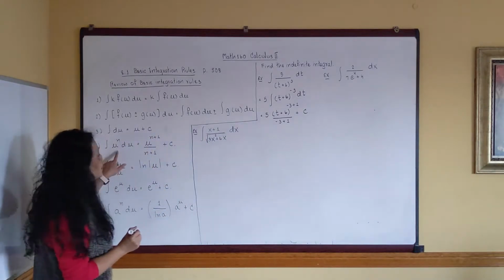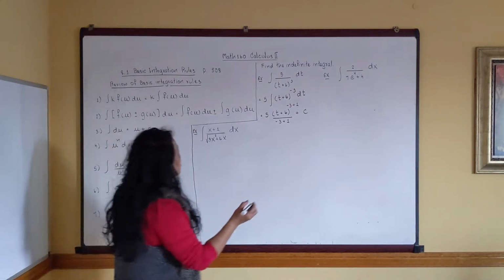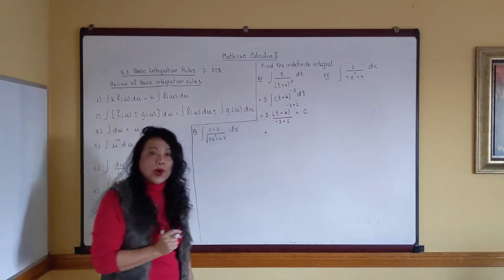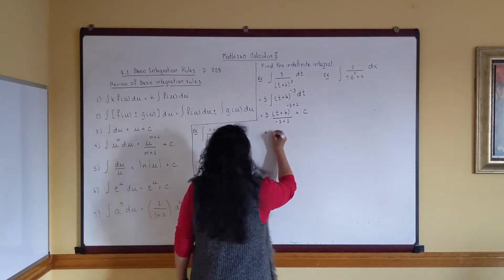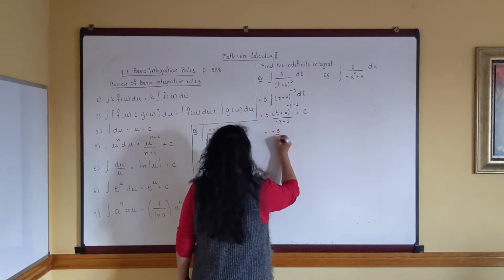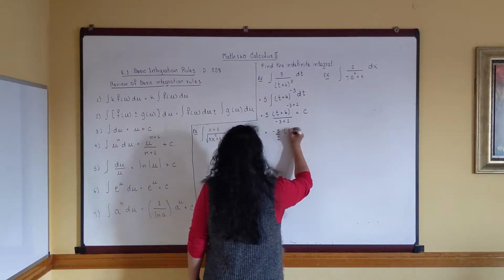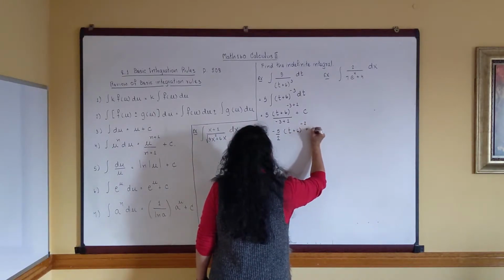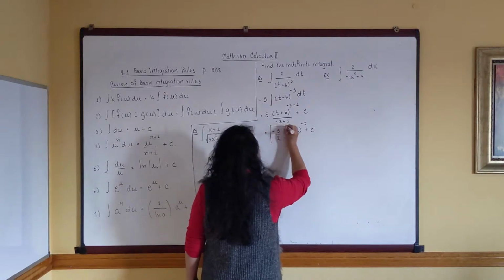Alright, I'm using this property here. Now I'm just going to simplify a little bit. Negative 3 plus 1 is negative 2, so it's negative 5 over 2 times t plus 6 to the negative 2, plus c. So that's the answer.